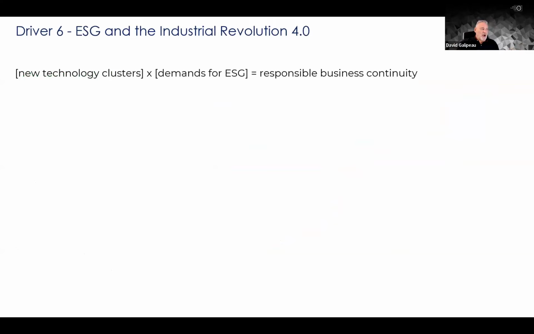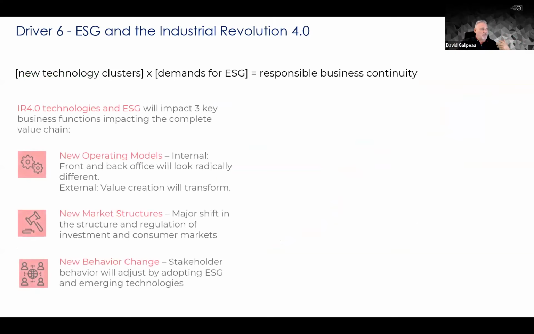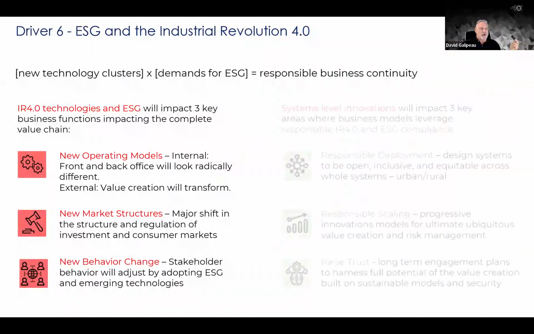And the sixth and last driver, when you take the combination of sustainability and the industrial revolution, is new operating models, new market structures, and new behavioral change. This is evident with the impact of these new technologies.